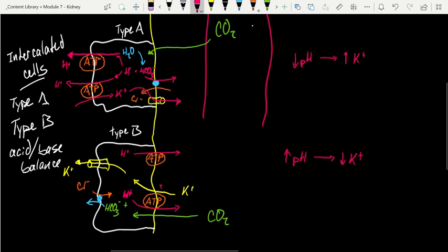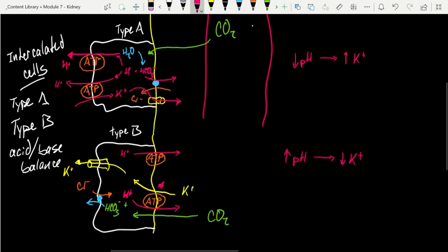Simply because this pump right here is running a lot and pumping a lot of potassium out into the filtrate, because the activation of this ATP pump is driving the movement of potassium from the blood to be excreted by the kidney.